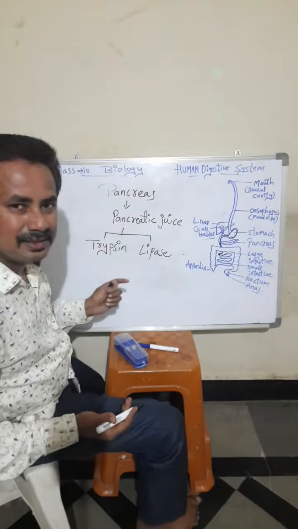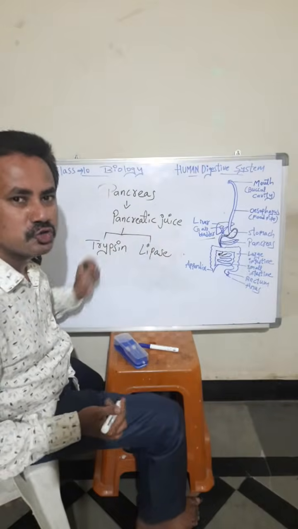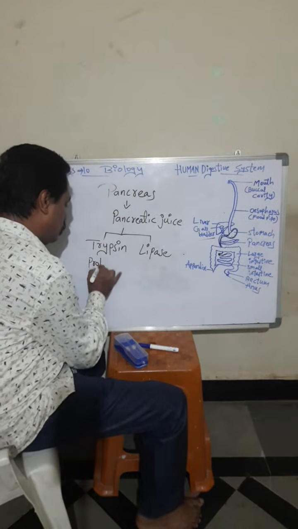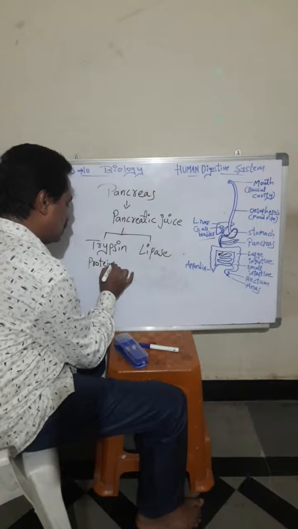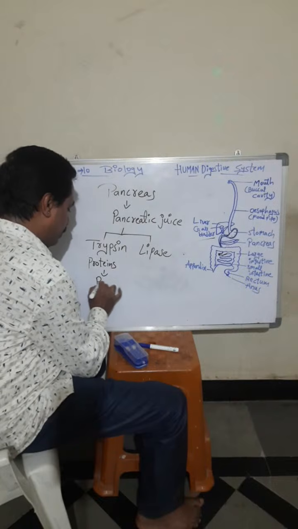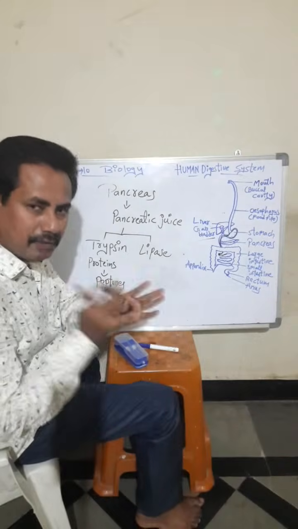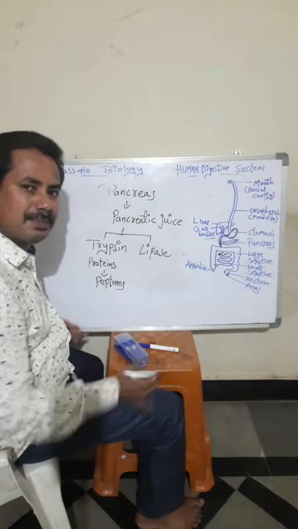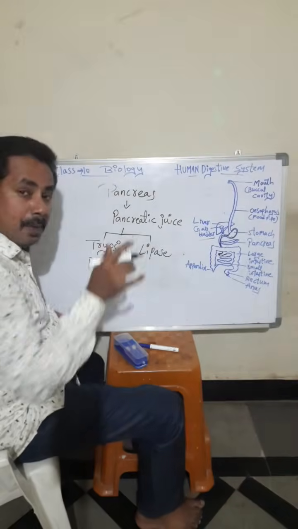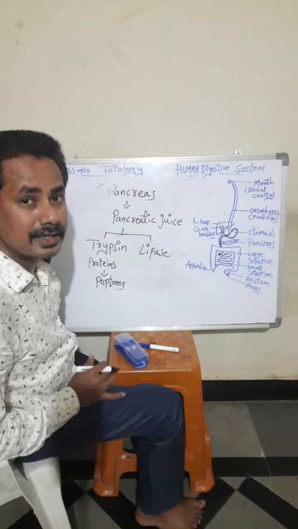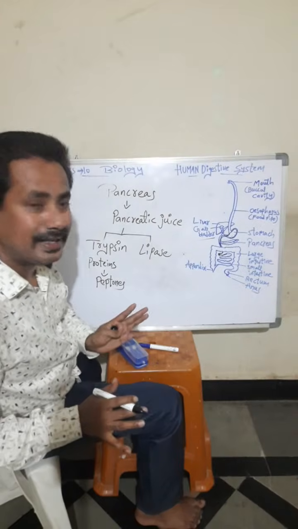Trypsin is released by the pancreas, present in pancreatic juice. Trypsin digests proteins to peptones. Pepsin already digested proteins in the stomach, partially, not completely. So trypsin digests proteins to peptones.